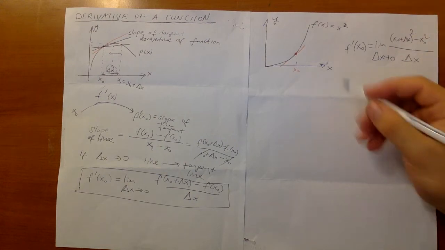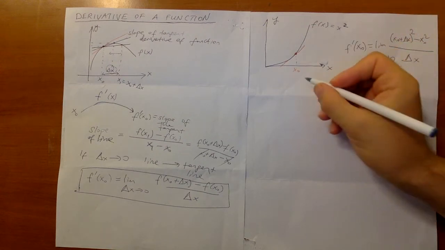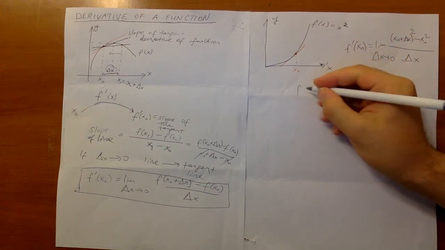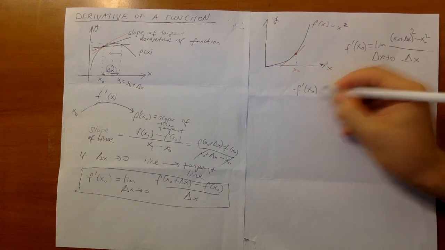Let's try to simplify it, because in this form the numerator and the denominator approach 0, so it's going to give you 0 divided by 0, indefinite. Yeah, you cannot calculate it like that. But what you need to do is simplify this expression.